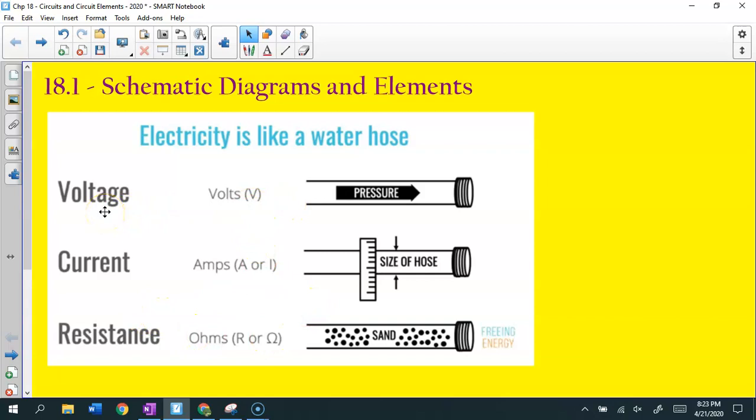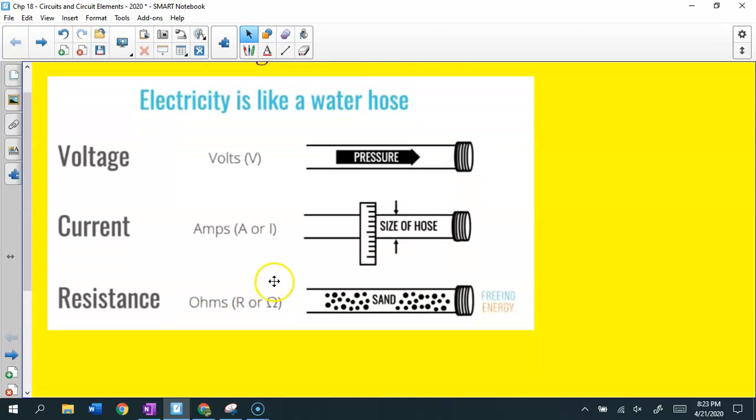It's hard to confuse that one. Current is measured in amperes, notated A, and I is just current. Resistance is measured in ohms, named after a person, and it's usually called R, and the symbol is omega.